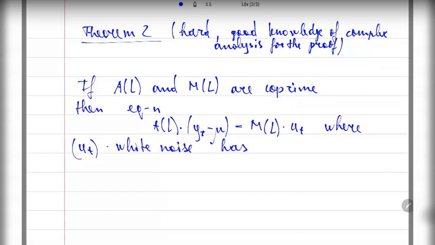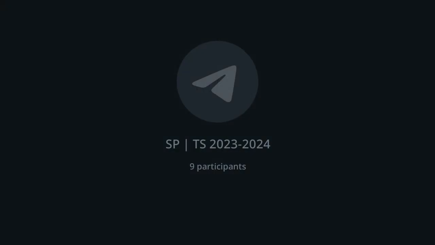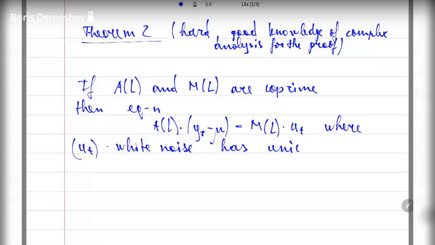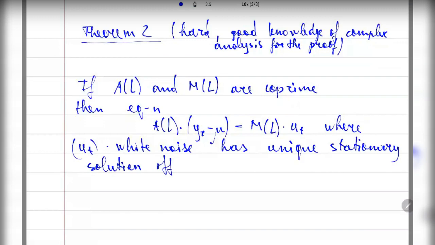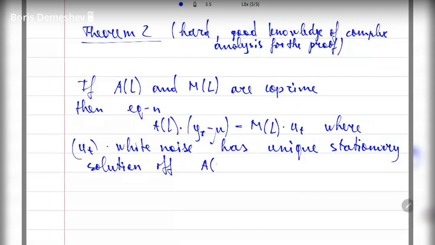has a unique stationary solution if and only if A of L has no unit root.